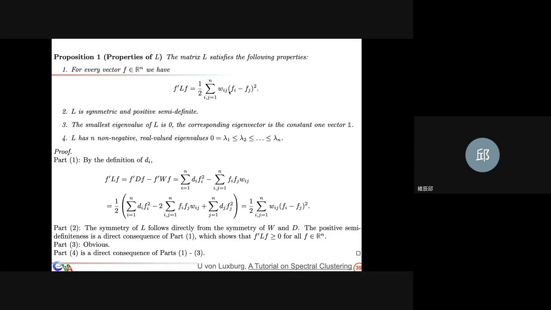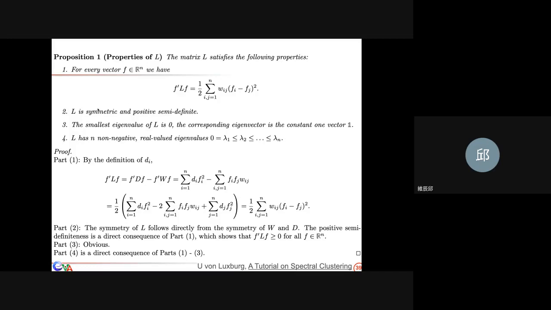Wij here are the elements from the similarity matrix, and Fi minus Fj, where Fi means the ith element of this vector F, and Fj means the jth element of this vector F. So f transpose times L times f can be represented by this formula. You can simply check on your own by following these equations. It's actually quite straightforward.